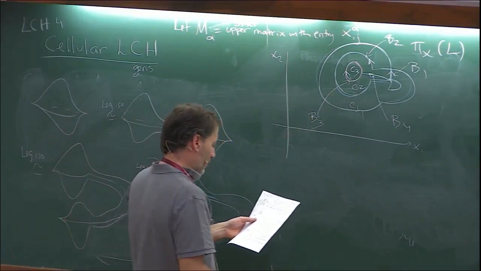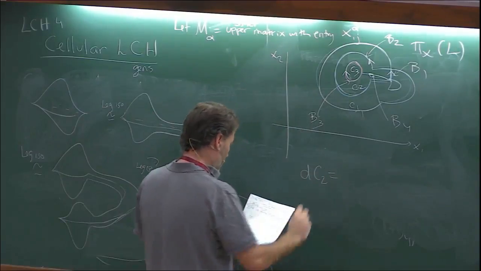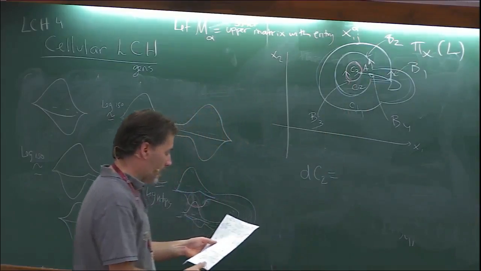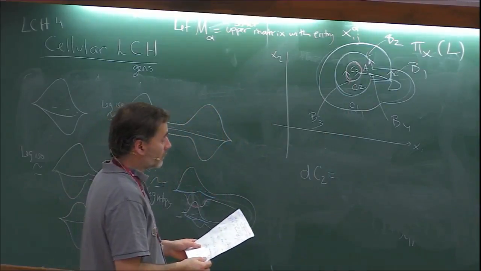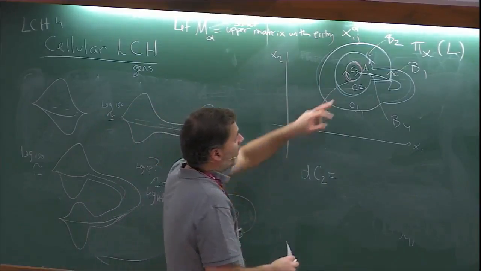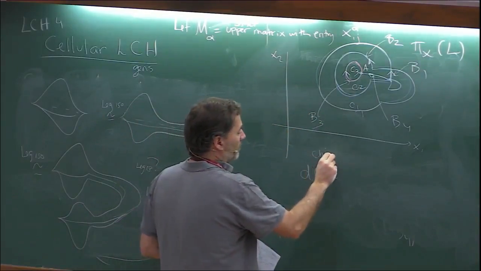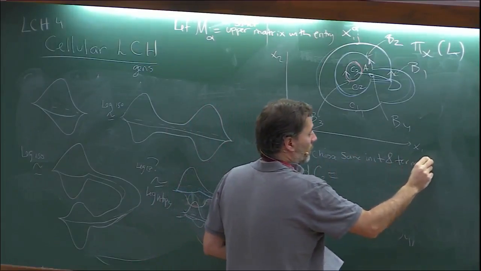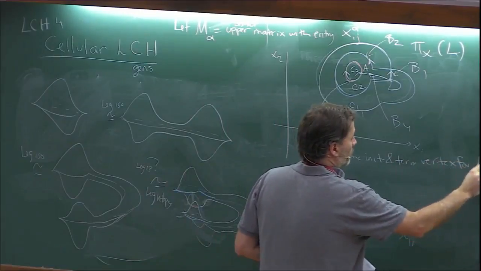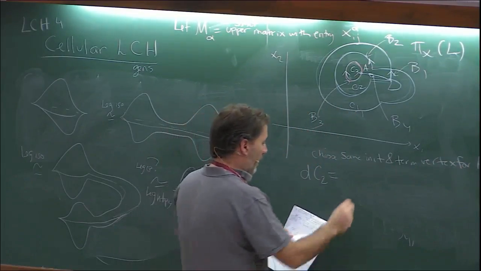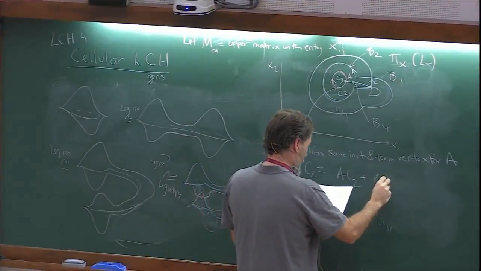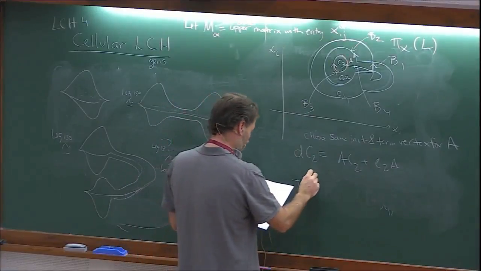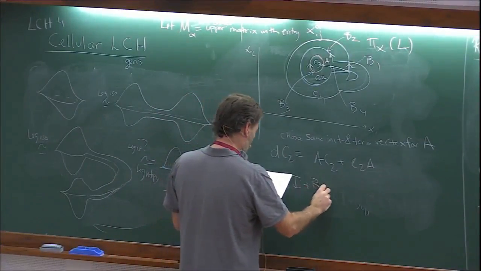And if I wanted to look at the differential of C2, so I have A here. So I'm going to choose the same initial and terminal point. Then it looks something like AC2 plus C2A plus, okay, I'll write these down and then I'll explain them in a second.